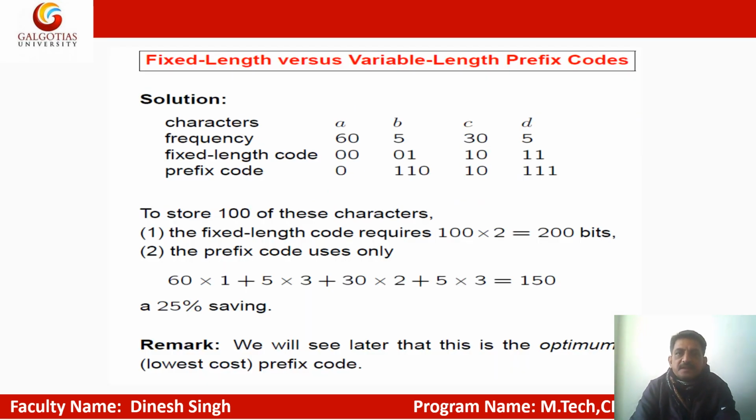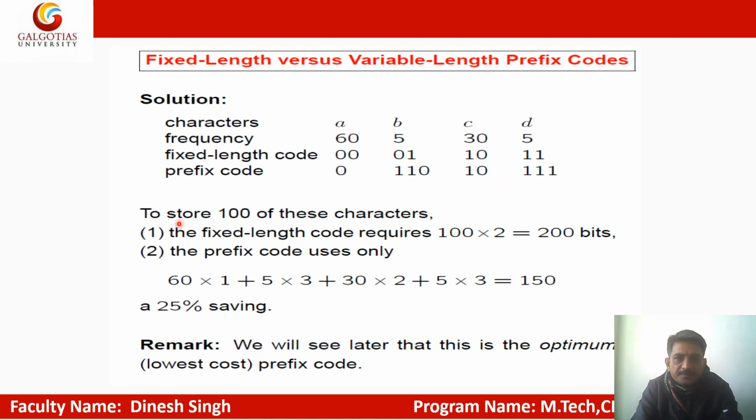You can see from the example we have characters A, B, C, D with frequencies 60, 5, 30 and 5. For the fixed length code we have 00, 01, 10 and 11, and for the prefix code we have 0, 110, 10 and 111.